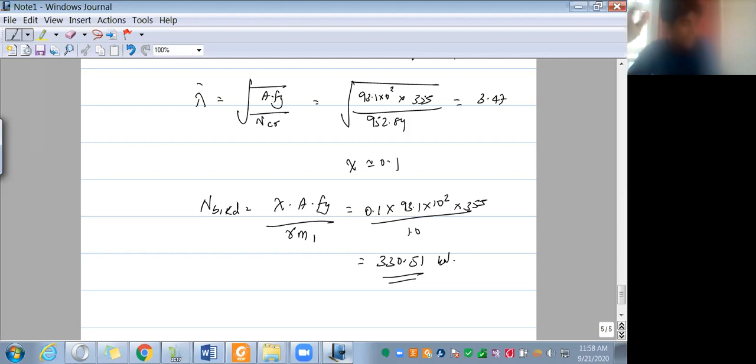So based on the classification, we can see whether there will be a local buckling before it reaches the yield stress. So in class 1, 2, 3, you will not have a local buckling. So as long as they fall under class 1, 2, 3, we are fine, because we will never let it reach the yield stress. Then the third option is global buckling.